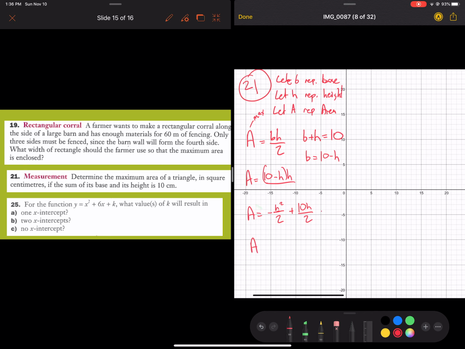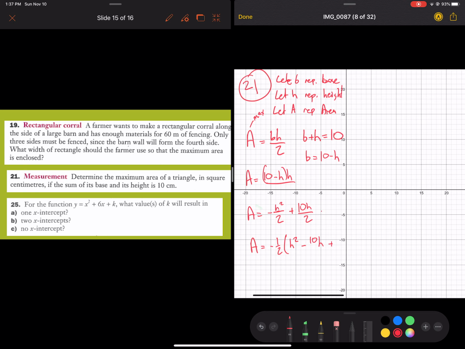Our first step is to take out this minus half. So we're left with h squared minus 10h. And then what we do next is we divide 10 by 2.